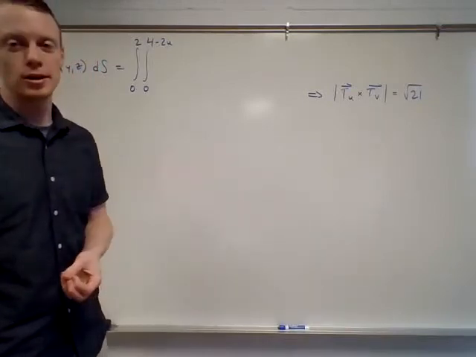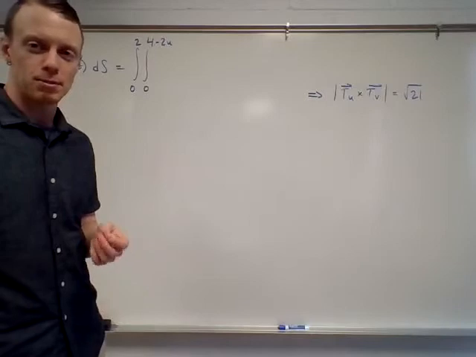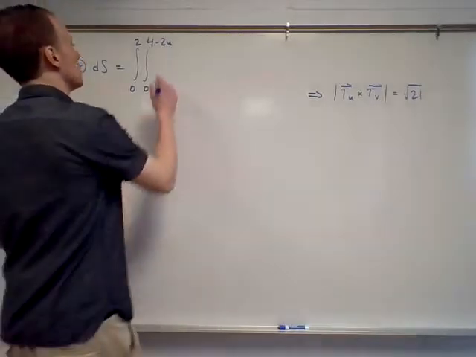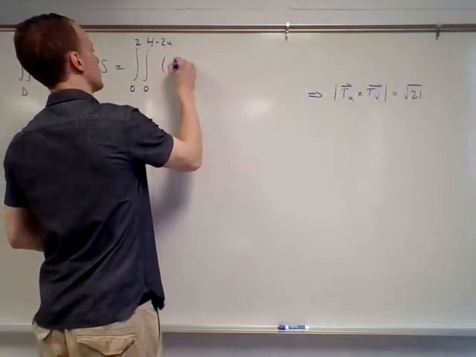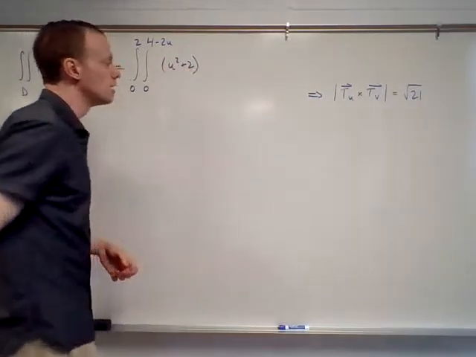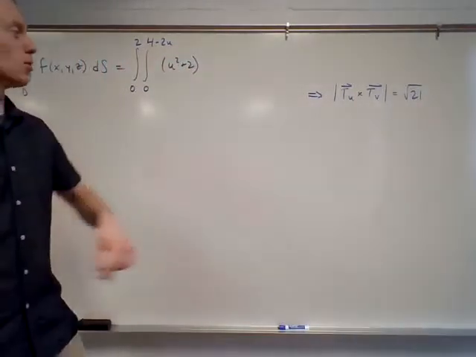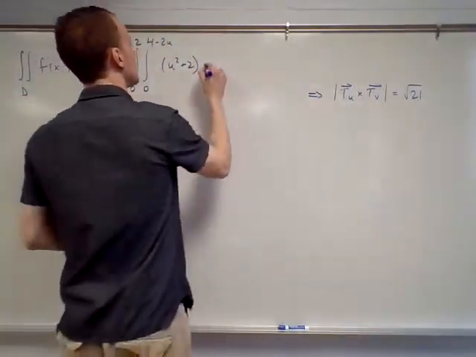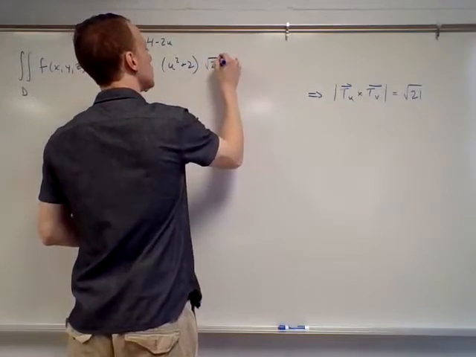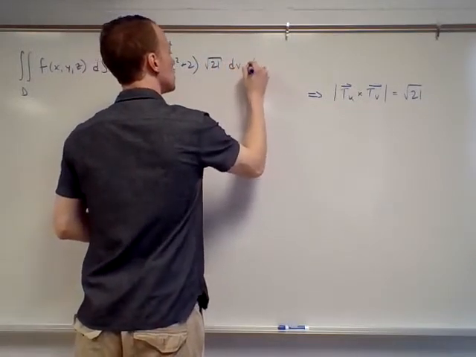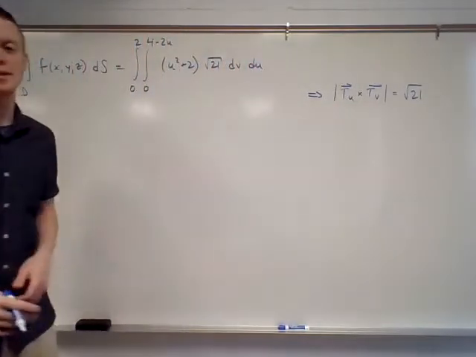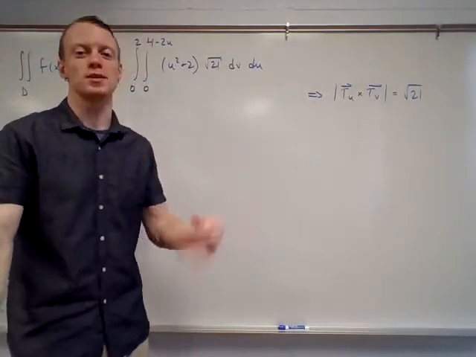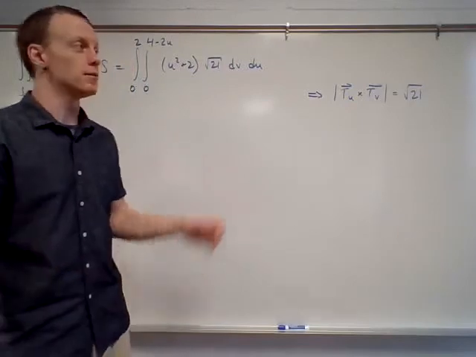And the x-coordinate of our parameterization, capital phi hat, was just u. So this is going to be u squared plus 2 times the norm of that cross product that we just found. And then it's dv du.